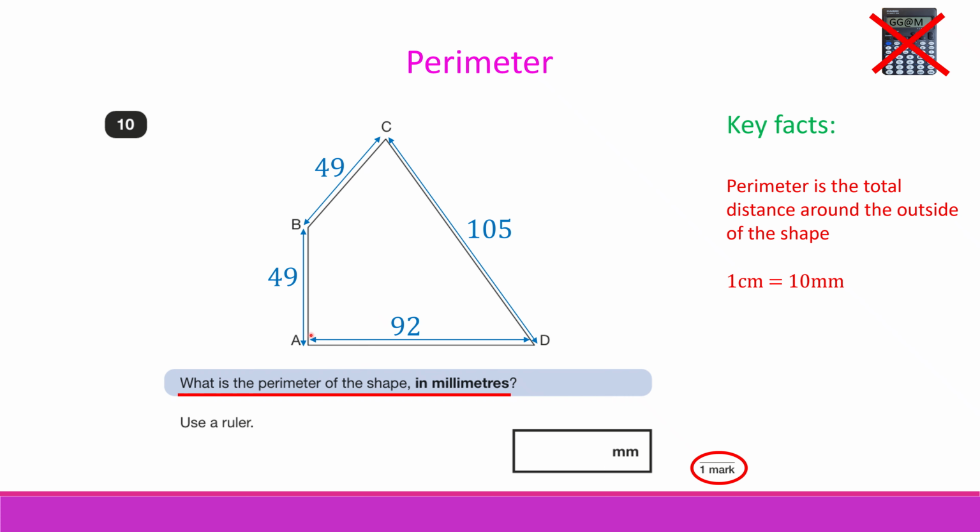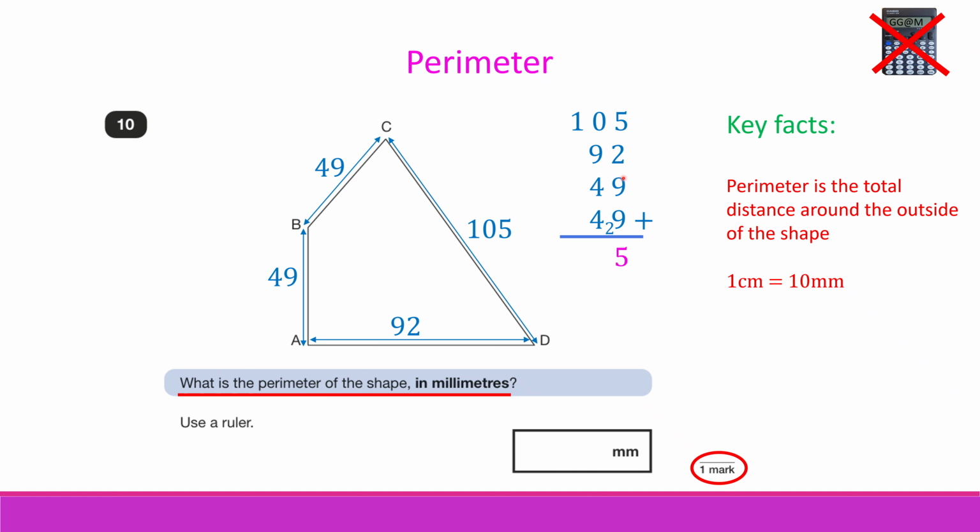So to find the perimeter, we've got to add together all these numbers. I've just put the biggest number at the top and then the next in size order going down here. It doesn't matter the order, you add the numbers together. Remember when you add, you start on the right hand side. So we've got 9 plus 9, 2 9s are 18, plus 2 is 20, plus 5 gives me 25.